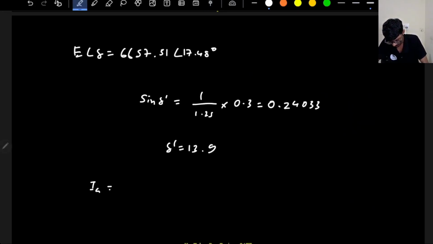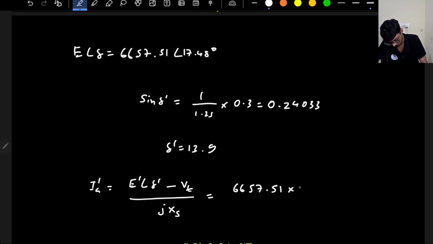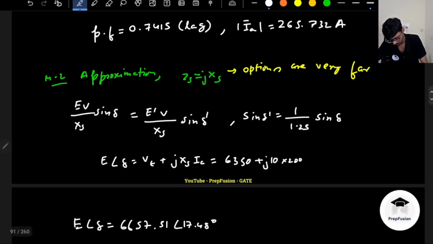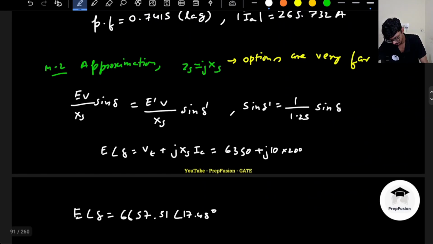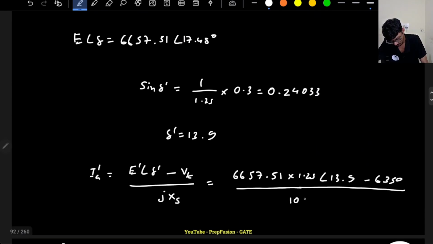So what will be the armature current? Armature current will be E' angle delta' minus Vt divided by jXs. So Ia' will be equal to 6657.51, into 1.25, because it will be increased by 1.25, angle 13.9, minus Vt 6350, divided by Xs at angle 90.